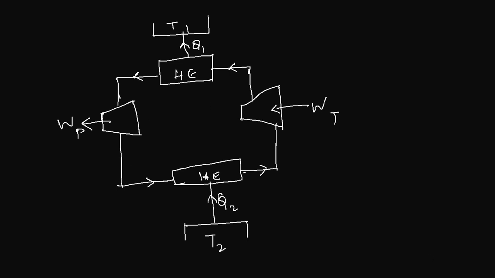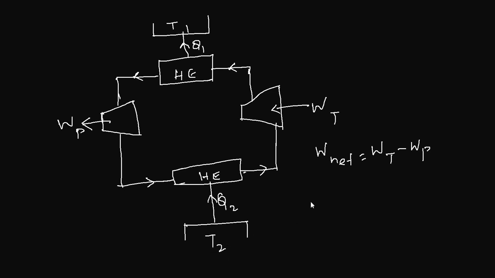So the flow is reversed, and so are the heat transfer and work transfer. Here again, the net work will be WT minus WP. The only difference is that this is creating a low temperature, reducing the temperature of the sink or temperature source.